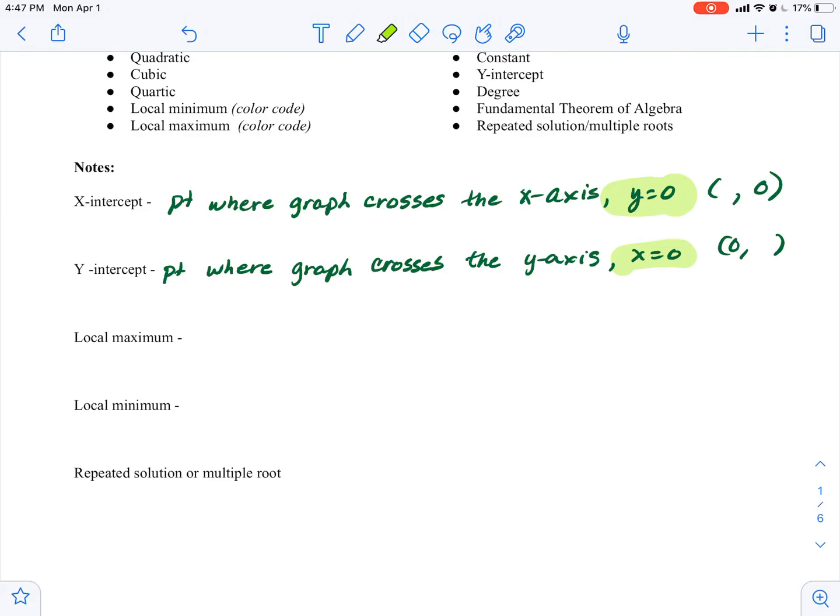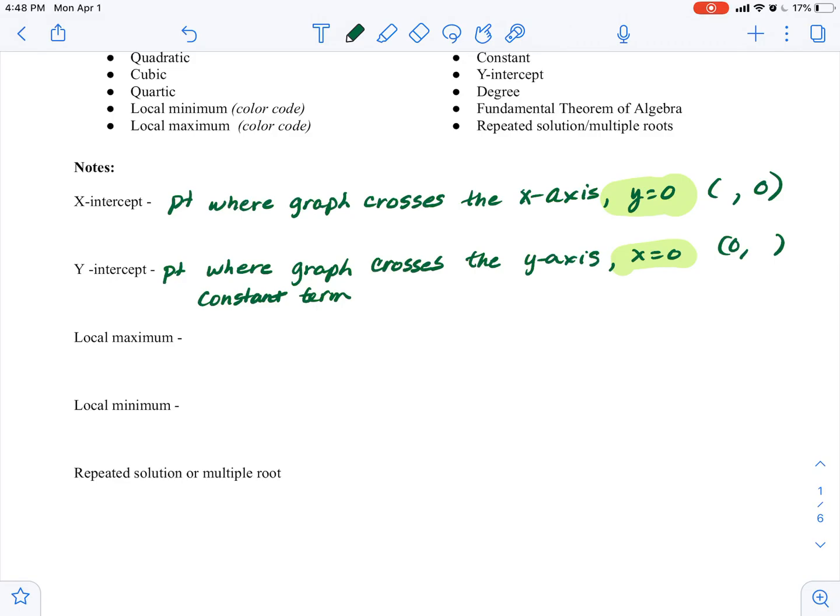A lot of times, if it is written in standard form, like we just did in our last video, it will be your last number, your constant term. Generally it will be your constant term, because when you put in 0 for all the other x's, that's what's left. Sometimes it's too big that we can't put it on a graph, so I don't expect you to graph it all the time if it is such a large number or such a small number.